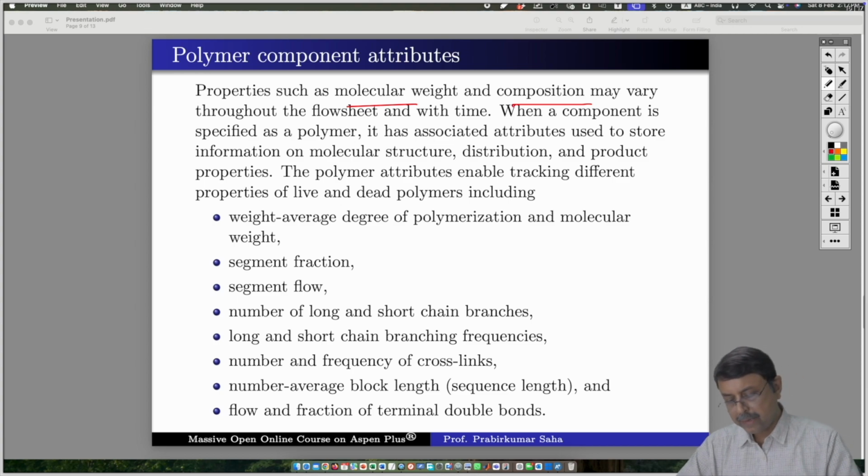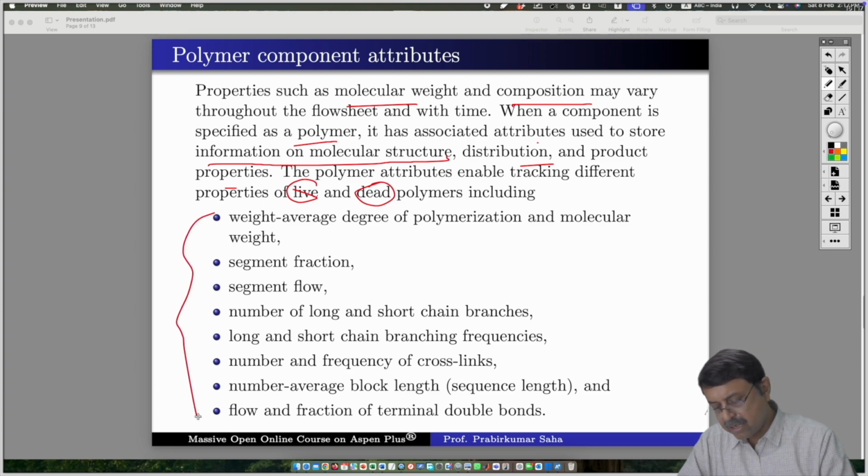When a component is specified as a polymer, it has associated attributes used to store information on the molecular structure, distribution, and product properties, and these polymer attributes enable tracking different properties of live and dead polymers. We have already discussed what a live and dead polymer is.